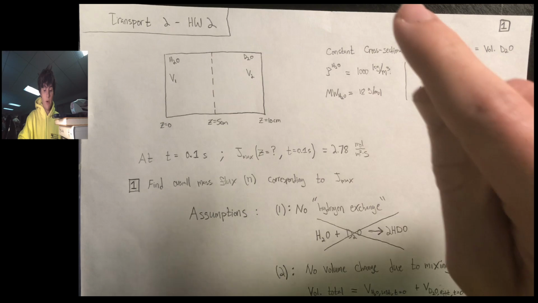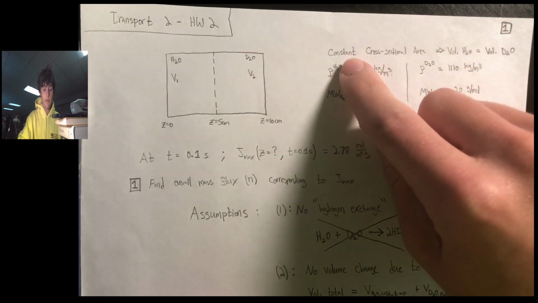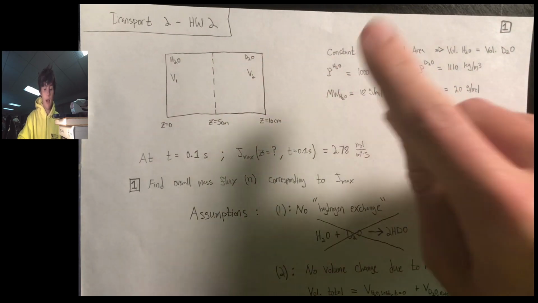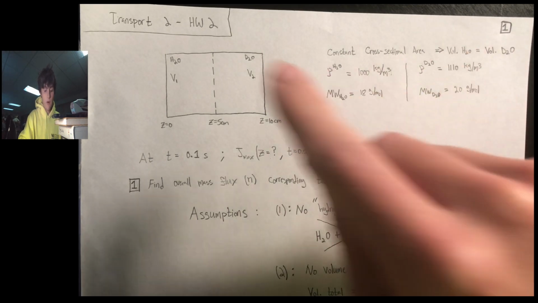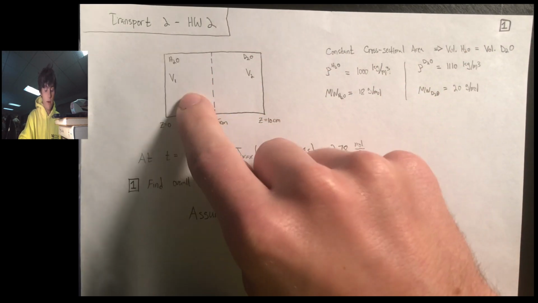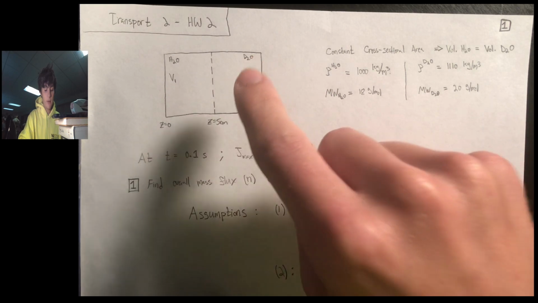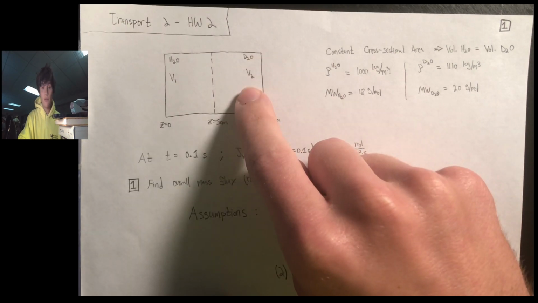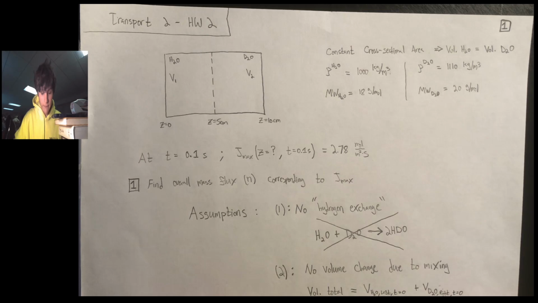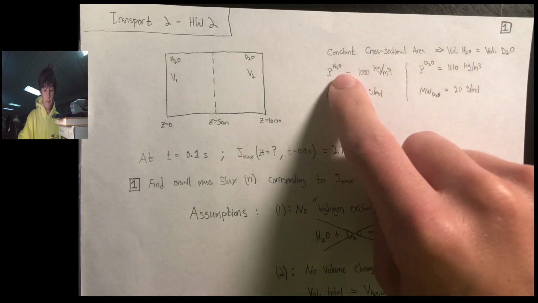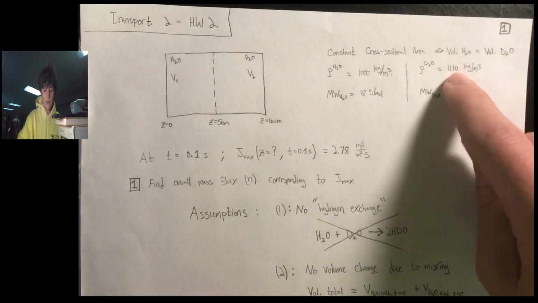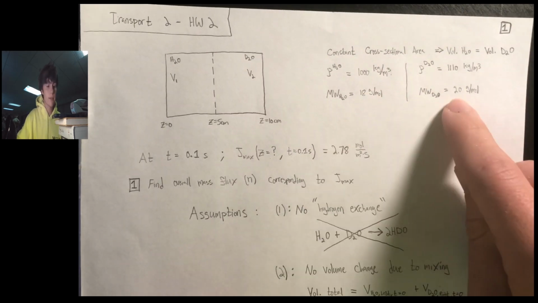And it's given in the problem that the capillary has a constant cross-sectional area, meaning that the volume of water on the left-hand side is equal to the volume of deuterated water on the right-hand side. We're also given the density of water and deuterated water, and also the molecular weights.